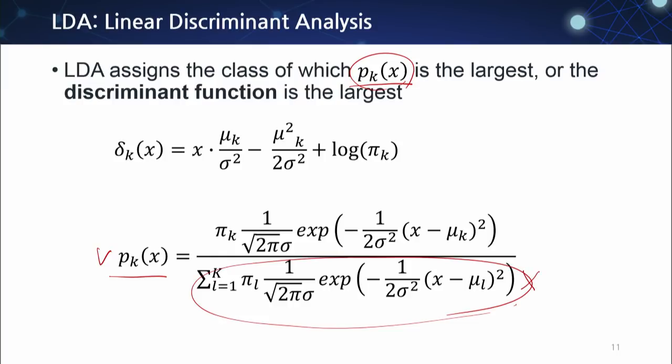Also, among the numerator, 1 over the square root of 2 pi sigma is also common, so we don't have to care about it. All you need to care about is pi_k and the exponent term.